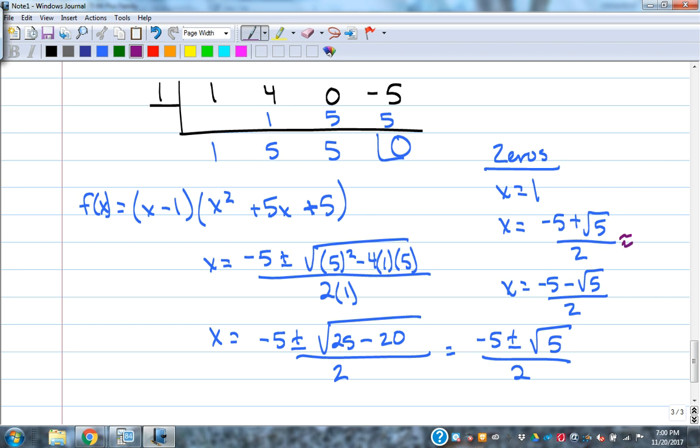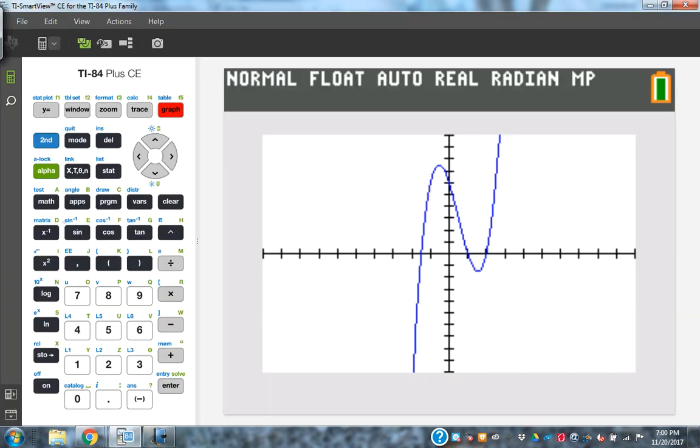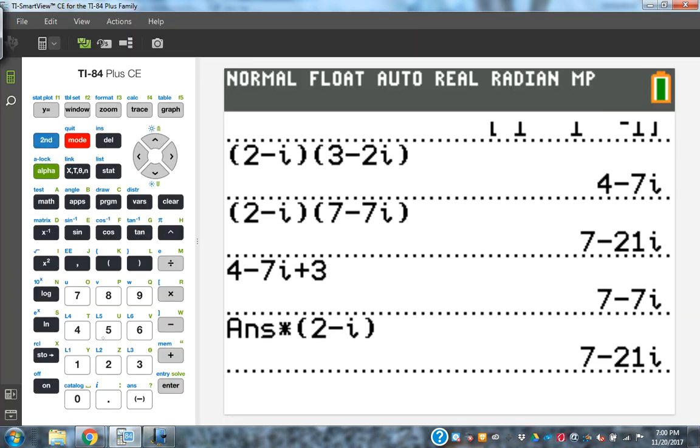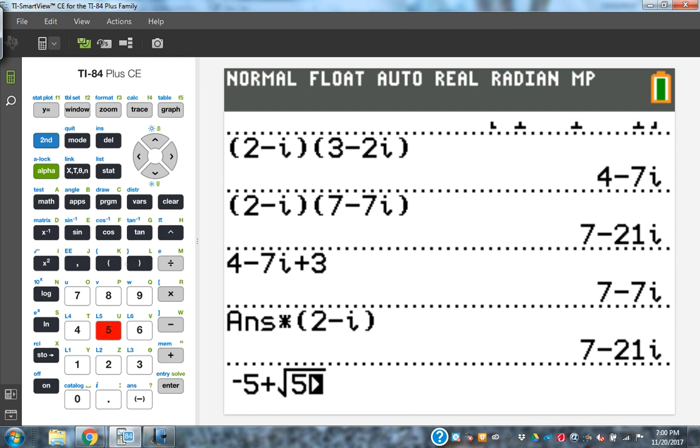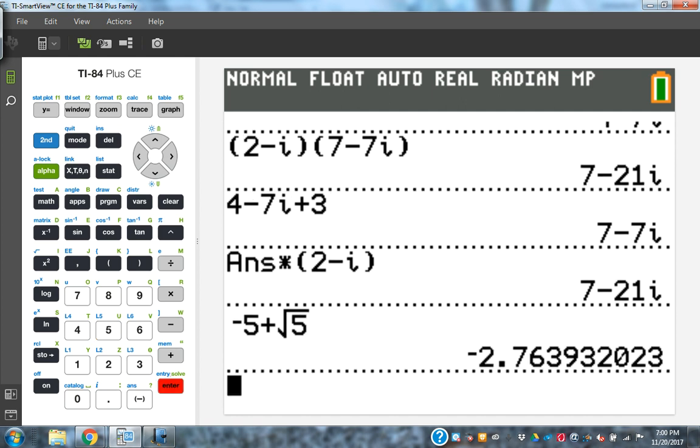So let's get the decimal for those. Negative 5 plus the square root of 5, and then divide that by 2.